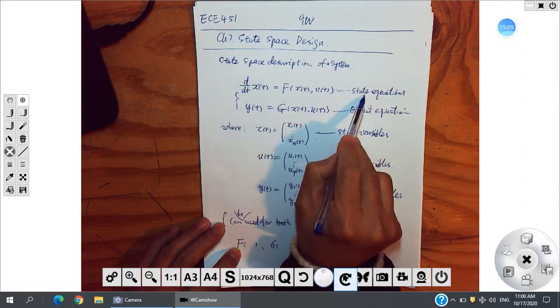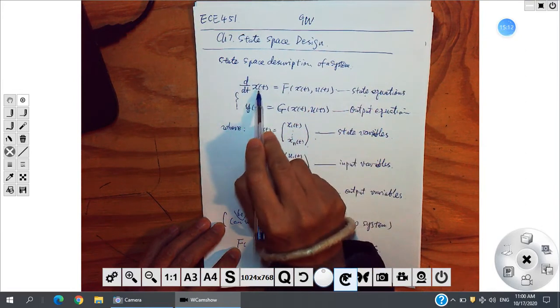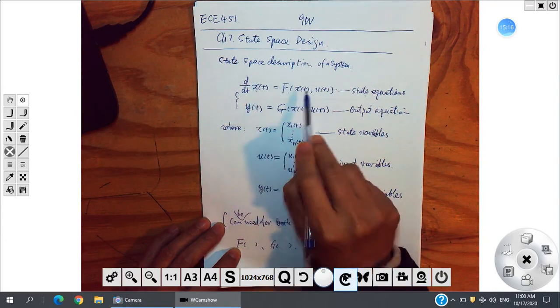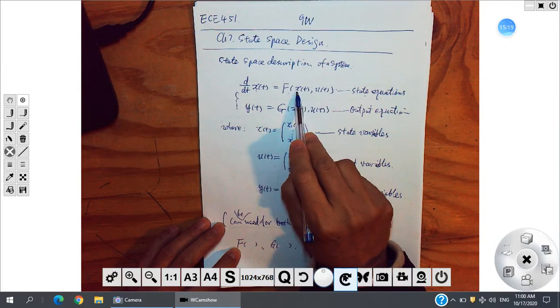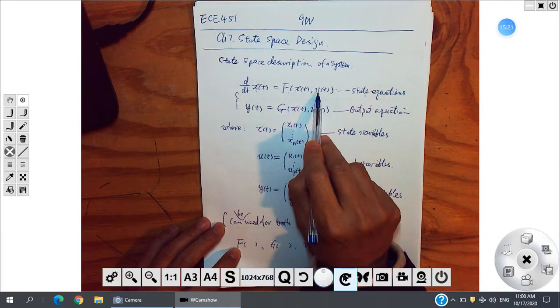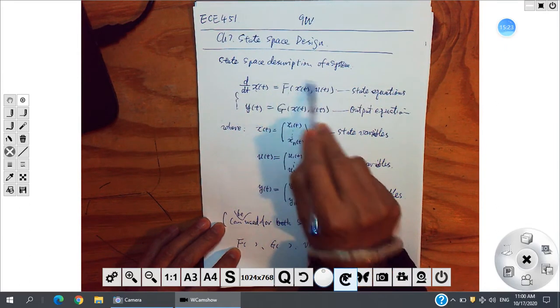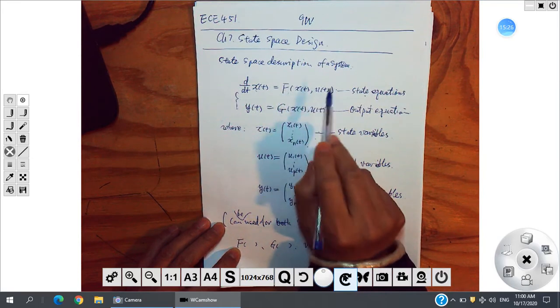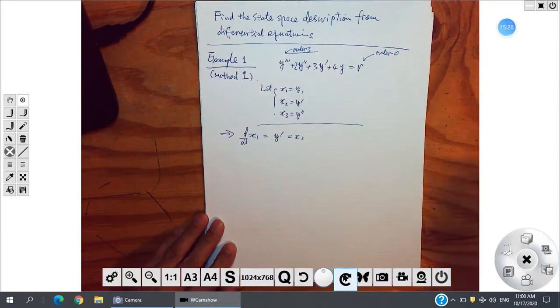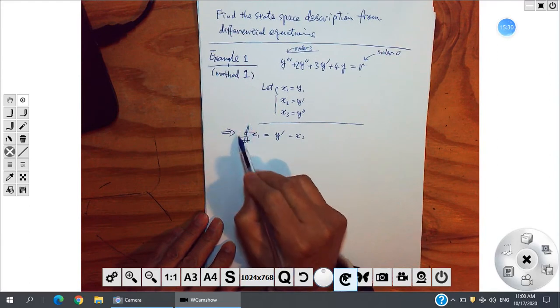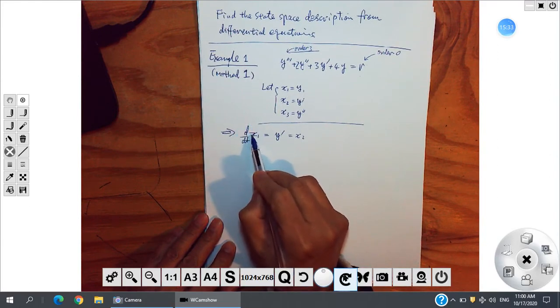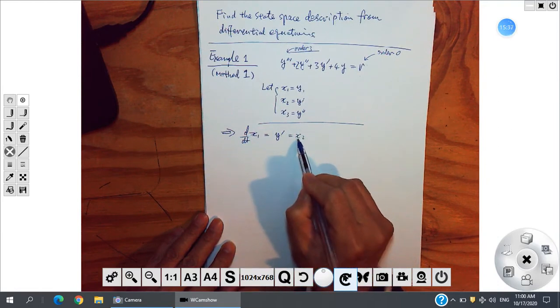For the state equation, the left side is just the derivative of the state variables, and the right side contains the state variables and input with some relation, some function, right? So here we got it: this side is the derivative of one of the state variables, and the other side contains just state variables, no derivative. So the first equation is good.